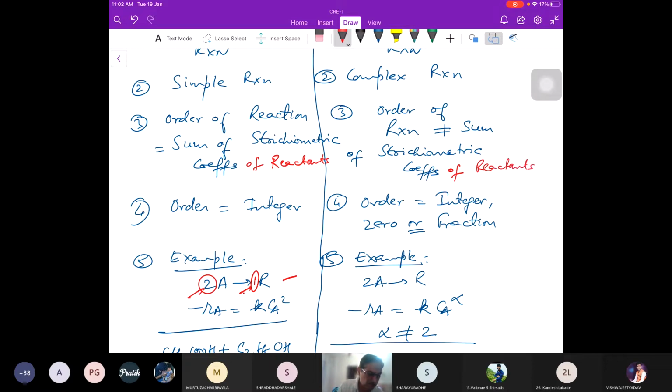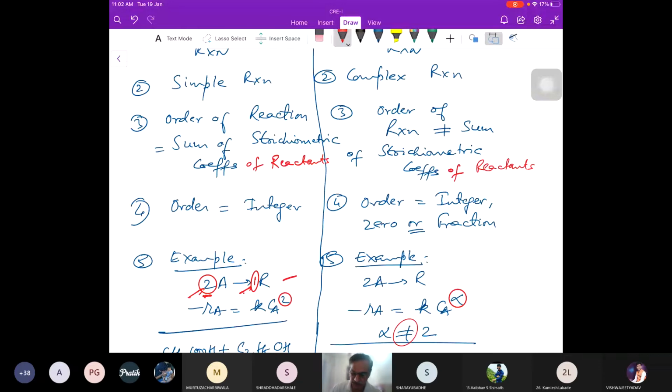Order of reaction is in the rate equation. यहाँ पर सिर्फ 2 आएगा stoichiometric coefficient और order for element reaction यहाँ पर 2 नहीं आएगा, right? That's why we can write in this case minus RA equal to KCA square, where 2 is the order of reaction, and in this case where it is non-elementary reaction we cannot write, we will write later this is alpha will not be equal to 2.